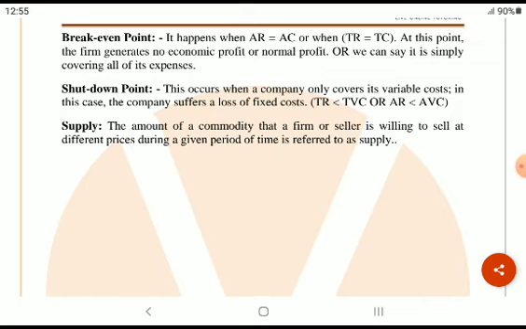At this point, the firm generates no economic profit, only normal profit, or we can say it is simply covering all of its expenses. Shutdown point: this occurs when a company only covers its variable cost. In this case, the company suffers a loss of fixed cost. TR is smaller than TVC or AR is smaller than AVC.